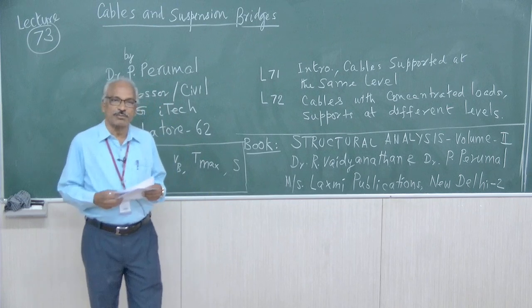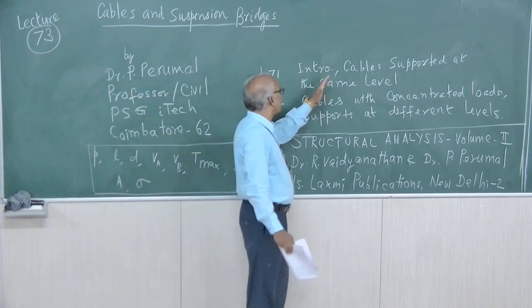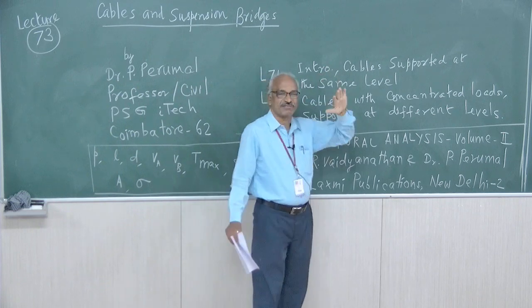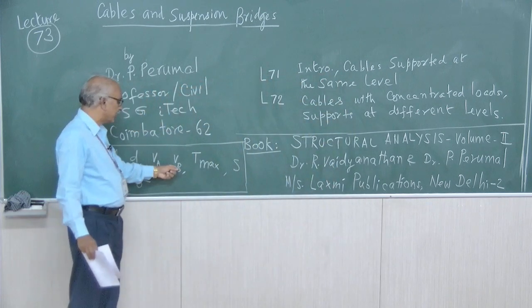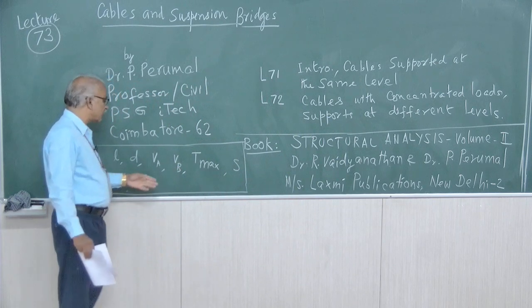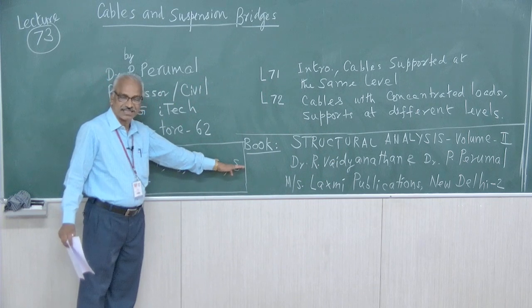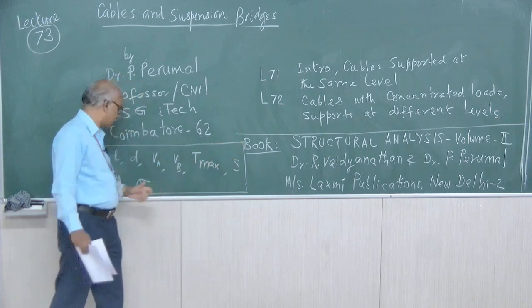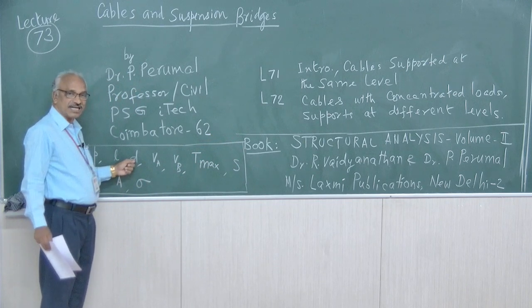So the main load bearing member is the cable, and we have discussed the basic formulas to find out the vertical reactions VA, VB, then the maximum tension T max, the length of the cable S, where L is the horizontal length, D is the central dip.